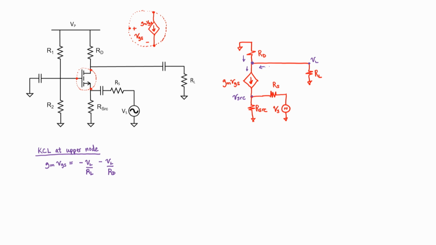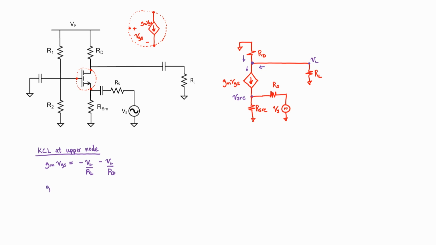The reason why it's negative is because if you stare at this resistor, you'll realize that the current, in a sense, is going the wrong way through that resistor. Current would normally go downwards from a high voltage to a low voltage. Because the current's going upwards from ground, we have to put a negative sign there.